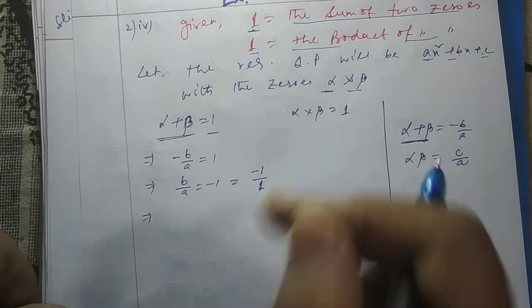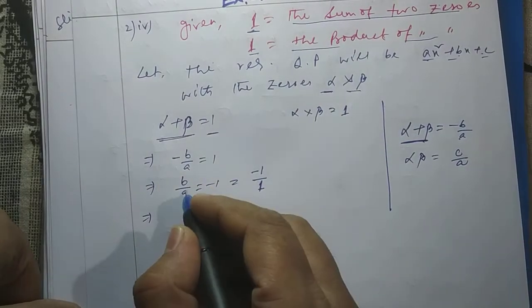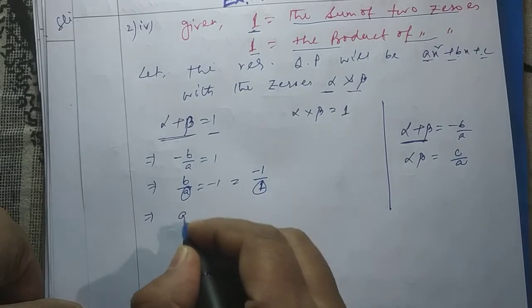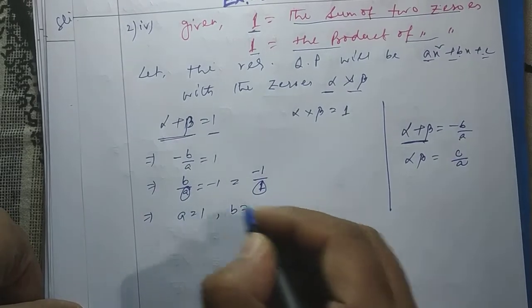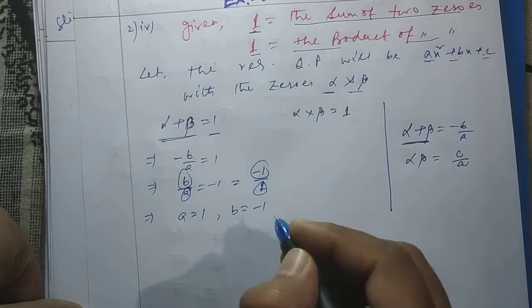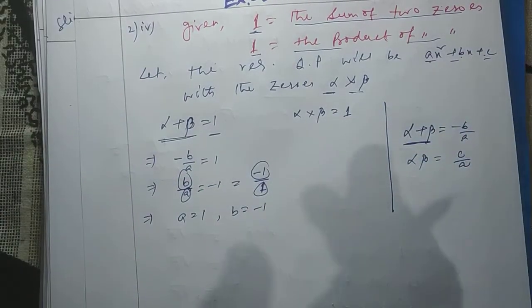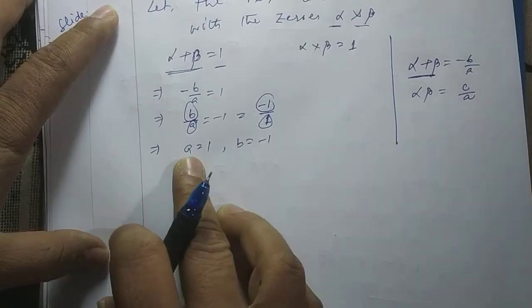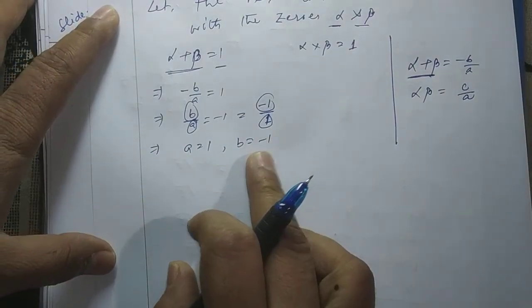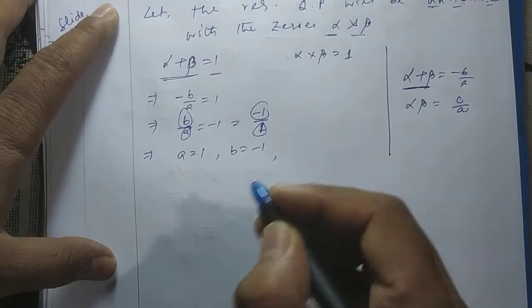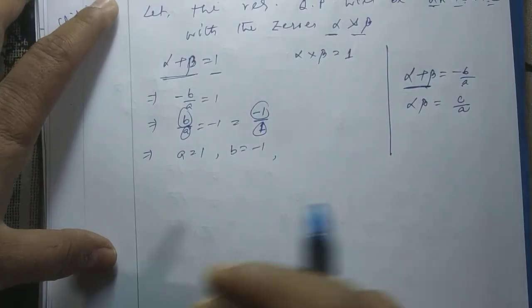Now let us compare on both sides. So on comparing we can say a will be equal to 1 and b will be equal to minus 1. Let us compare numerator to numerator, denominator to denominator. So in this way we are getting the value of a and b. a equal to 1, b equal to minus 1. Only c is remaining to find.